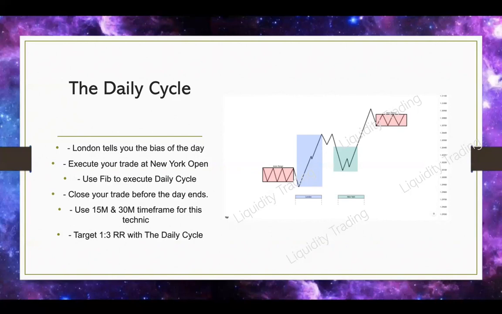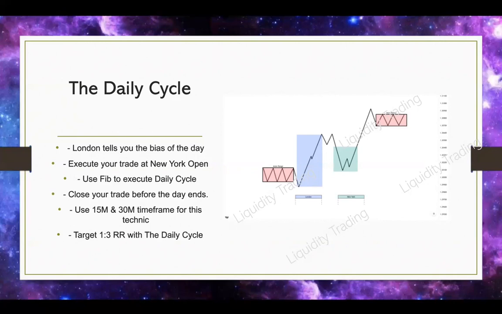Now, focus on executing your trades in New York Open, especially if you're a developing trader. You will become much more consistent in New York Open trading, as you can implement the daily cycle in your technique. Use the fib level to execute trades.